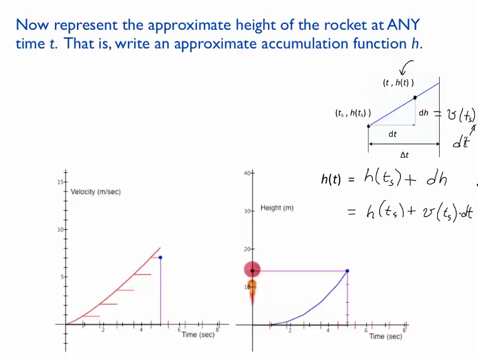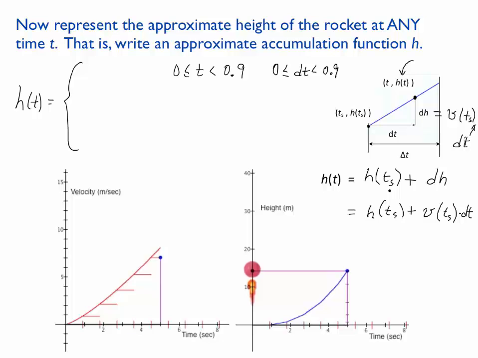Okay, so here we go. We're going to do this over and over again. In the first interval, when t is between 0 and 0.9, dt is going to vary from 0 to 0.9, and we're going to use this construct.